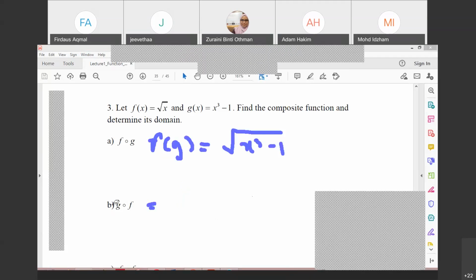Dia akan jadi F G. Dalam dia ada F. Okay, so sekarang every time you nampak G punya X, letak F dalam tu. Which is punca kuasa X kuasa 3 tolak 1. Sebab dalam G ni ada fx.